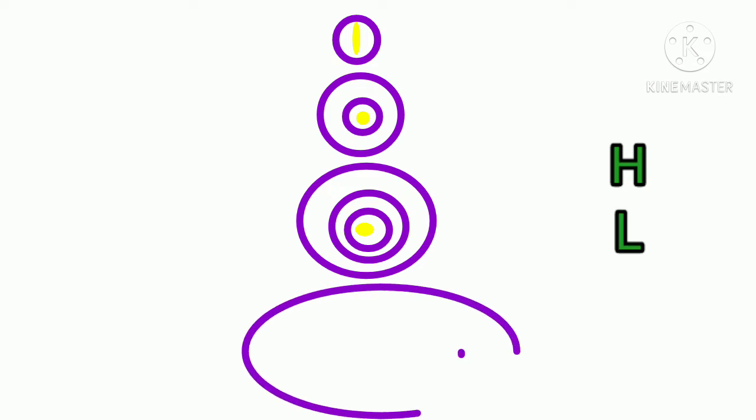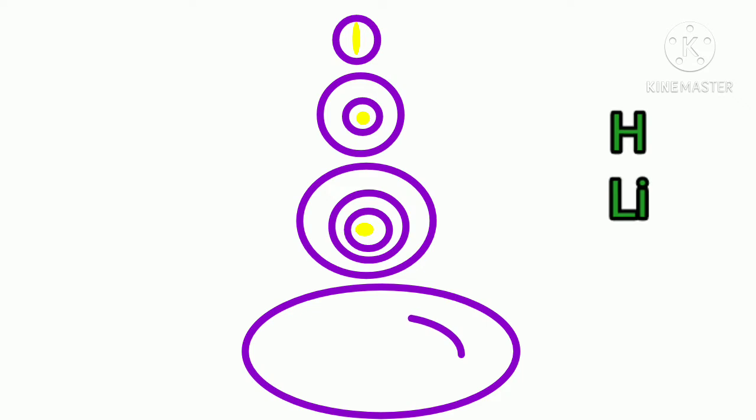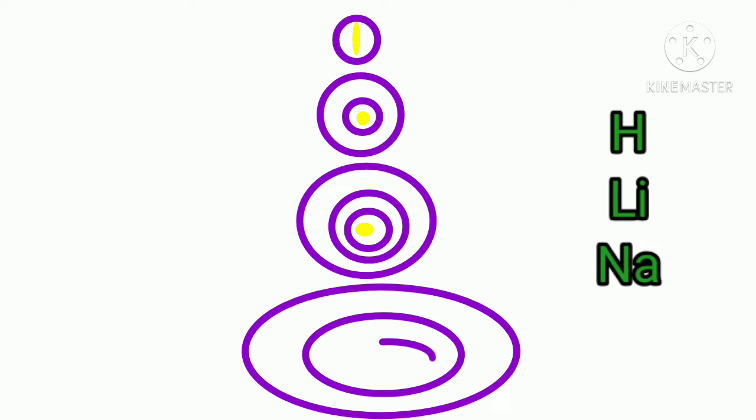How does atomic radius increase group wise? That is simply explained. That is top to bottom, group wise. The atomic number increases, and the number of shells also increases. As the number of shells increases, the distance between the center of the nucleus and the outermost electrons increases.